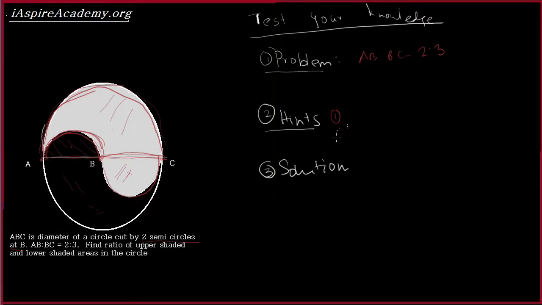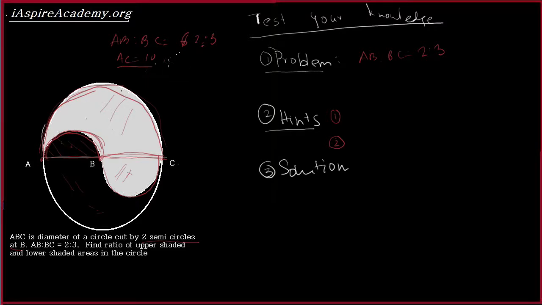So hint number 2. I'm going to express the top shaded part. What we are given is that AB and BC are in the ratio 2:3. So let's assume AC is equal to 10. Remember, we are only interested in ratios, so no matter what diameter we keep, 100 or 10, it doesn't matter, as long as we have the ratios correct.